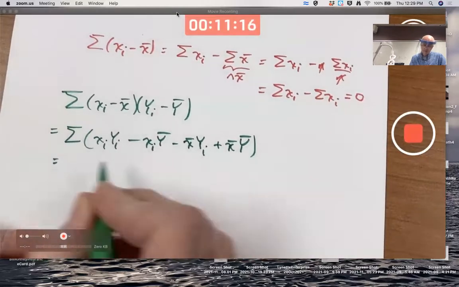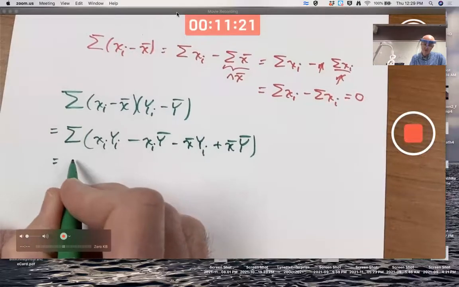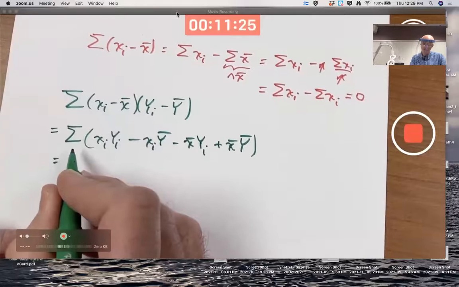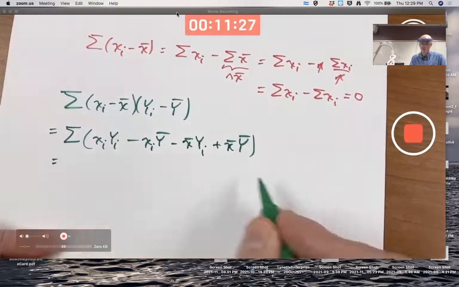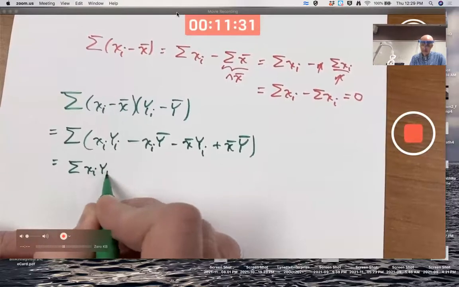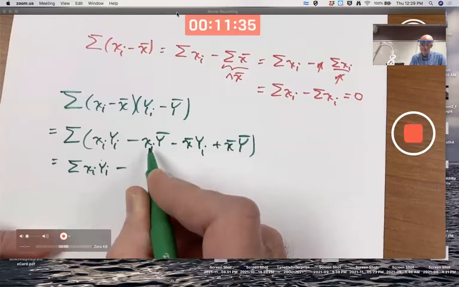Then distribute the summation sign through, which again really is more of a commutative property. The summation sign is not a number, right? It's a symbol meaning sum. So I'm not literally distributing a number through here. Like that.